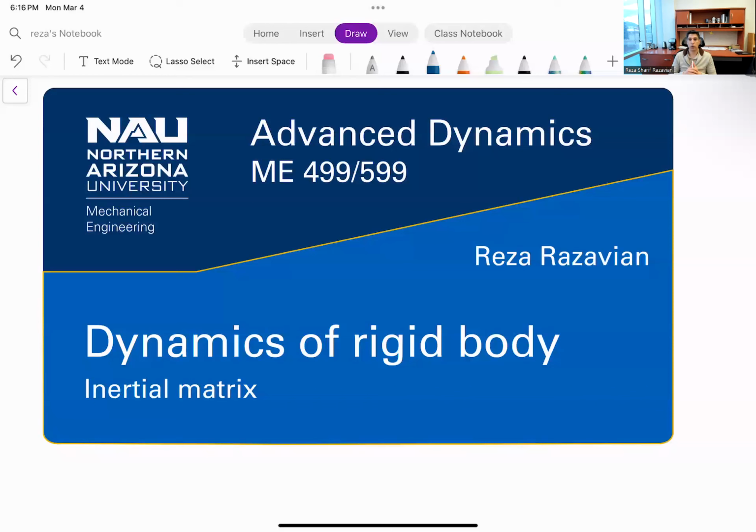But now we are equipped with enough ways to think about orientation and rotation in 3D, and we are ready to tackle the next question, dynamics. Similar to particle dynamics, it is describing the relationship between forces or moments and movement.